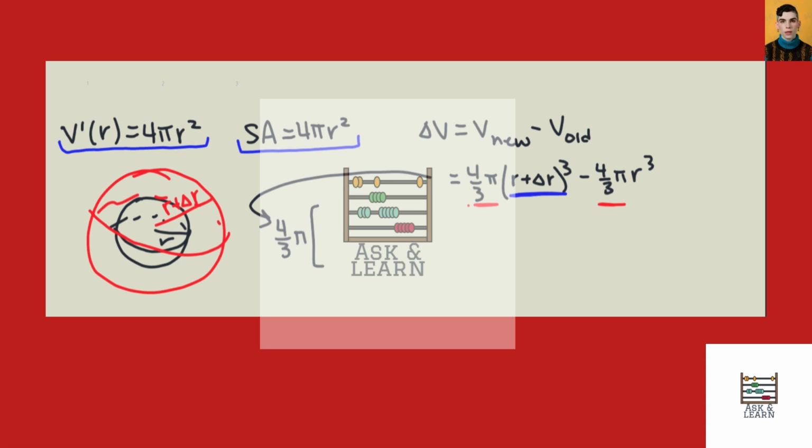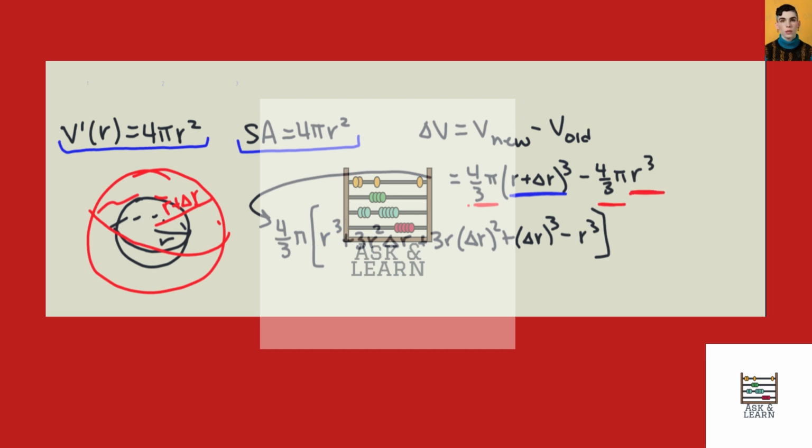We need to expand it, and we can use the binomial theorem or just multiply it out the long way, r plus delta r times r plus delta r times r plus delta r. And you're going to end up with r cubed plus 3r squared delta r plus 3r delta r squared plus delta r cubed. And we still have minus r cubed at the end from this last term here.